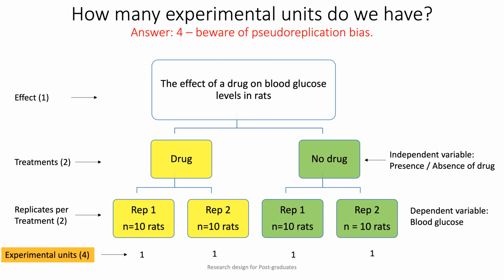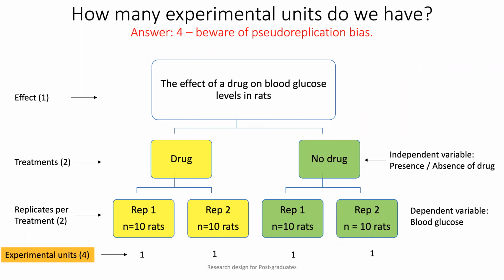However, when we do the statistical analysis of such a data set, we still have only 4 values that we will be using to do an analysis. And that is 1 value per replicate per treatment.